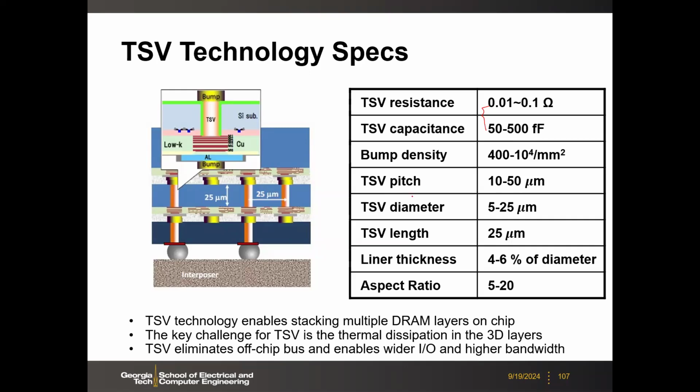And then the dimensions: the TSV pitch is typically like 20 micrometers from one TSV to another. If you do it more aggressively, you can have below 10 micrometers today. And the typical aspect ratio is like 5 to 20 in terms of H and D.